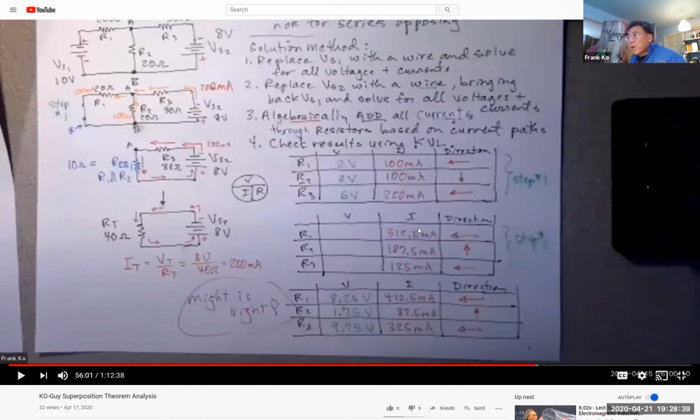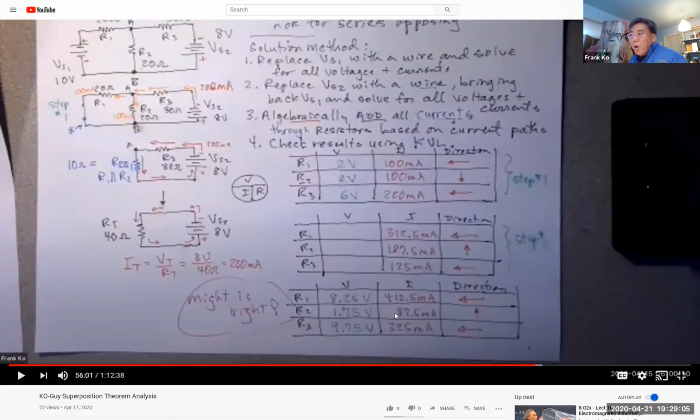So in the final analysis, when I do my last chart, this is what I have. 100 plus 312 gives me my 412. My 187 subtract my 100 leaves me with 87, current going up. My 200 milliamps, which goes to the left, is added with the 125 that goes to the left, giving me a total of 325. These are my final directions. These are my final values. These are my final voltages calculated using Ohm's law.